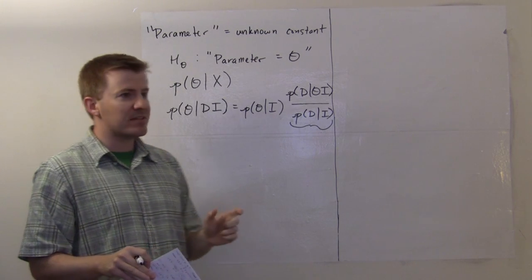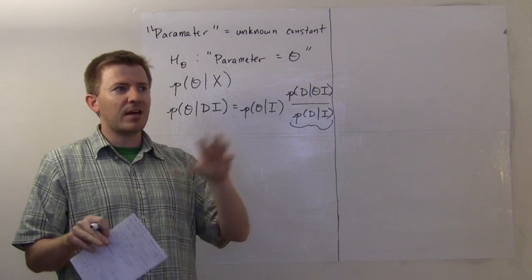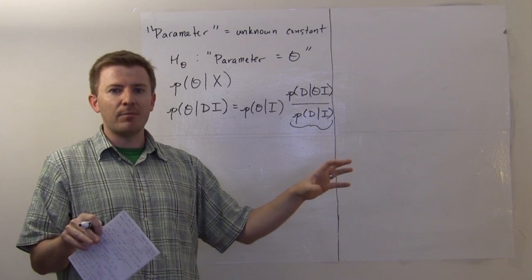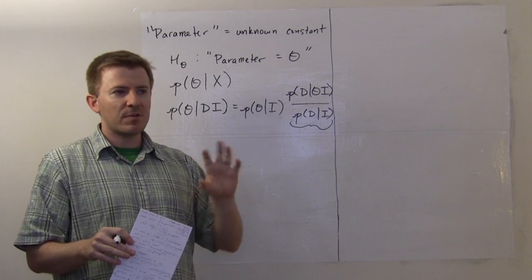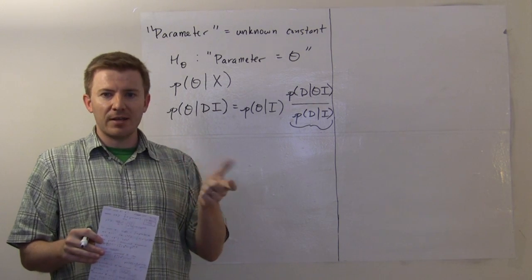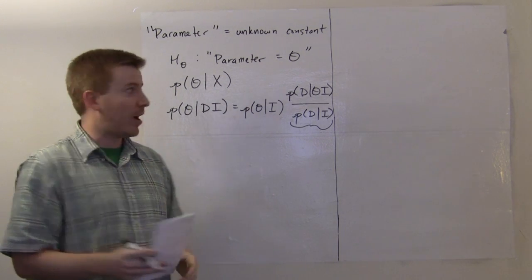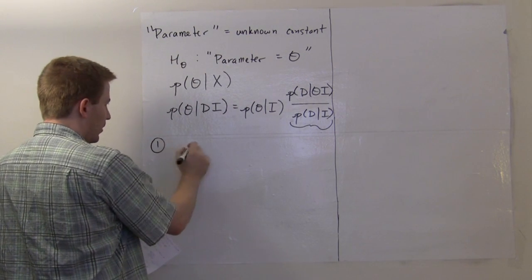Jaynes works this out in what I think are three broad classes of problems. The first is something we've already talked a little bit about, which is taking the urn drawing example and turning it around.